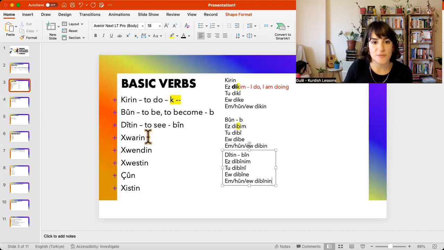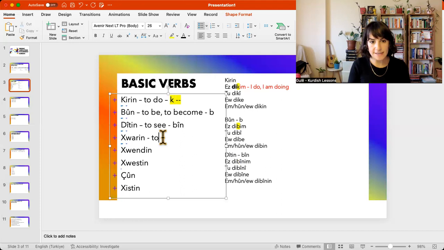The next verb is xwarin. It is to eat. Num num num. And the stem is only two letters, xw.